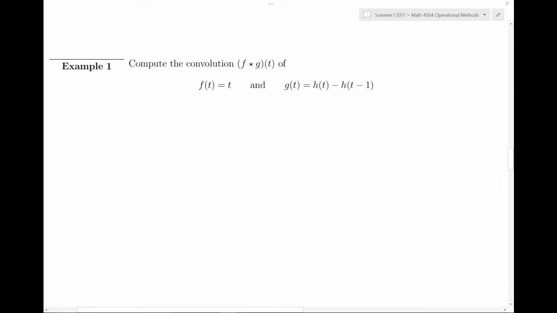For example, given these two functions, f of t equals t and g of t is just a step function that goes up at t equals 0 and down at t equals 1, their convolution is not that hard to find. Let's go ahead and try to find the convolution by definition. When computing the convolution, we have to decide first which function we're going to shift, and I suggest it's easier to shift the function t.